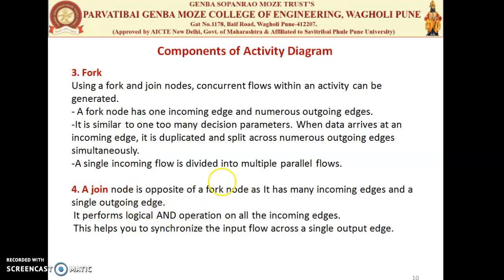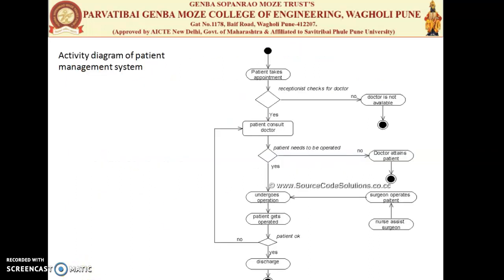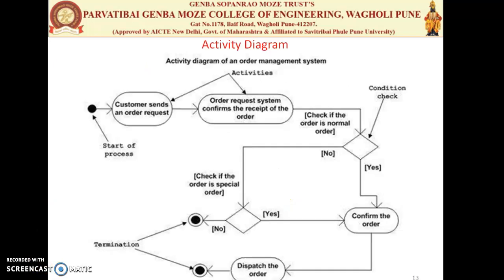The join always performs a logical AND operation on the incoming edges. It helps you synchronize the input flows into a single output flow. And the last one is the pins, which indicate the flow of the activity. We have seen this diagram in the last session, so I will directly move to the next diagram.